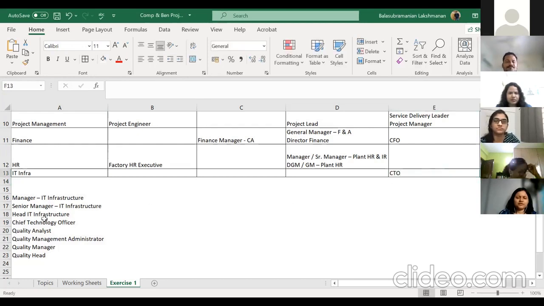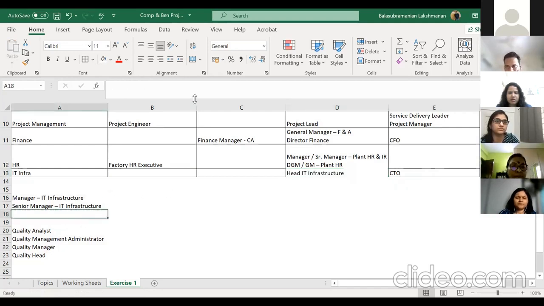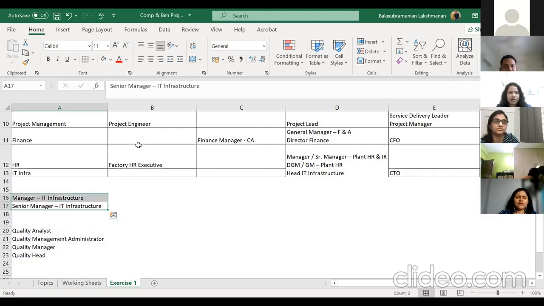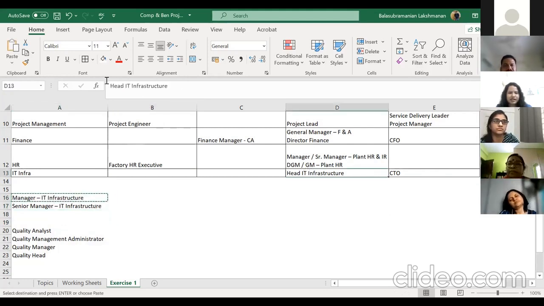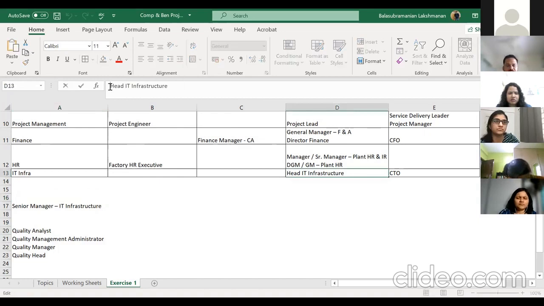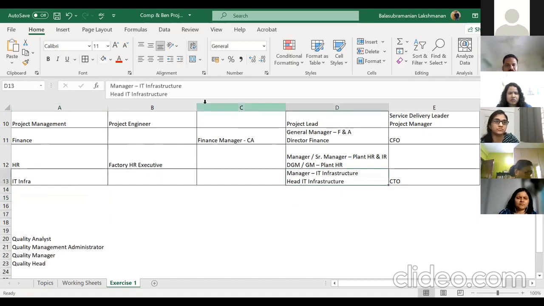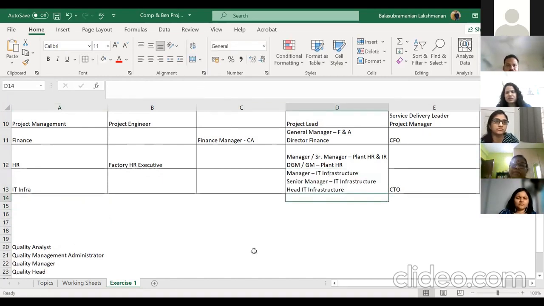Then head IT infrastructure will be A3. So I think all these 3 go under A3, right? A3, senior manager, manager, head IT. There are no IC roles in this specific department.